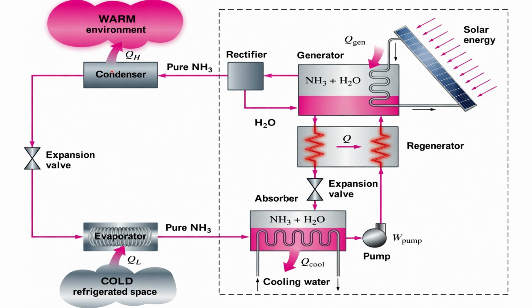So we know these components are like a refrigerator, but this is different. This is just in place of the compressor. In the condenser, the heat goes into the environment and the refrigerant converts into liquid, and within the expansion valve it is converted into low pressure, low temperature liquid.